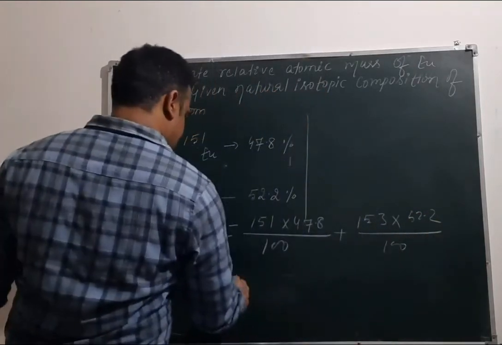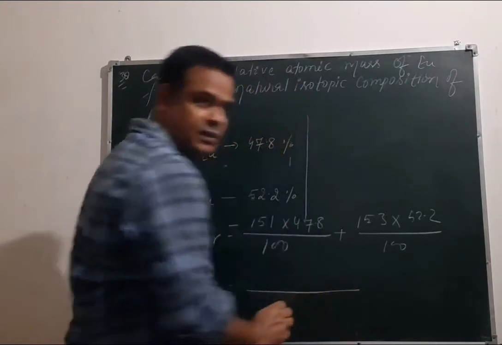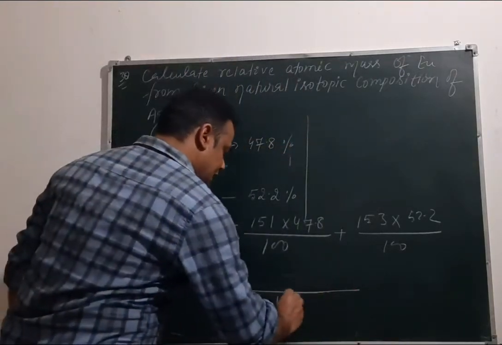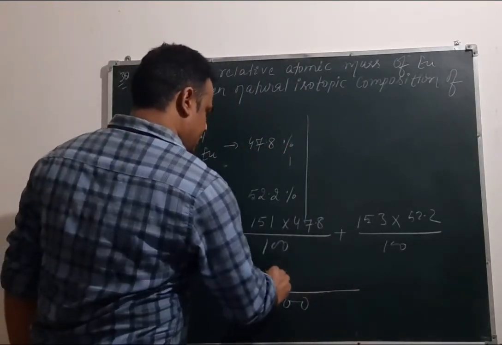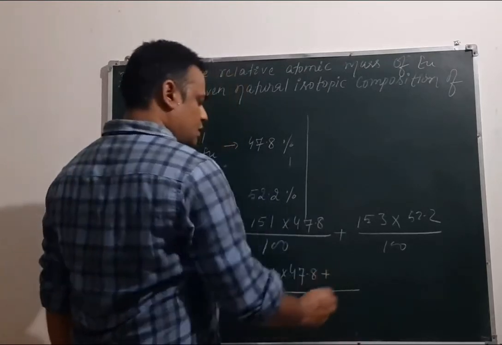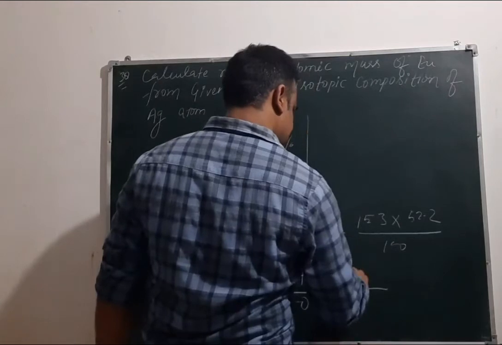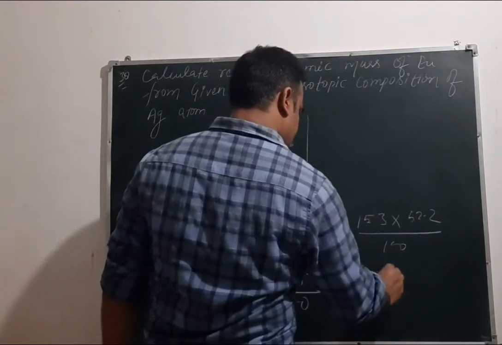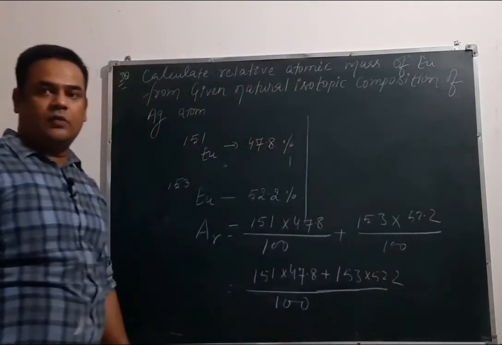Here we can take 100 as LCM. If we take 100 as LCM, we'll have the value 151 into 47.8 plus 153 into 52.2.